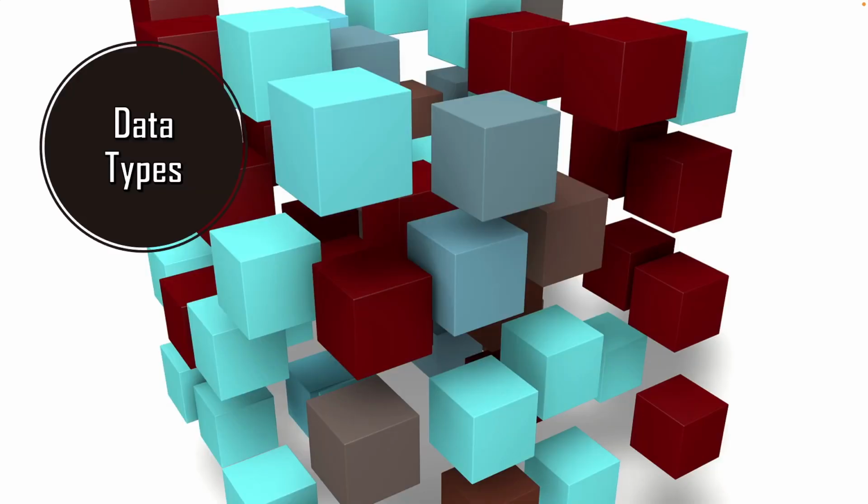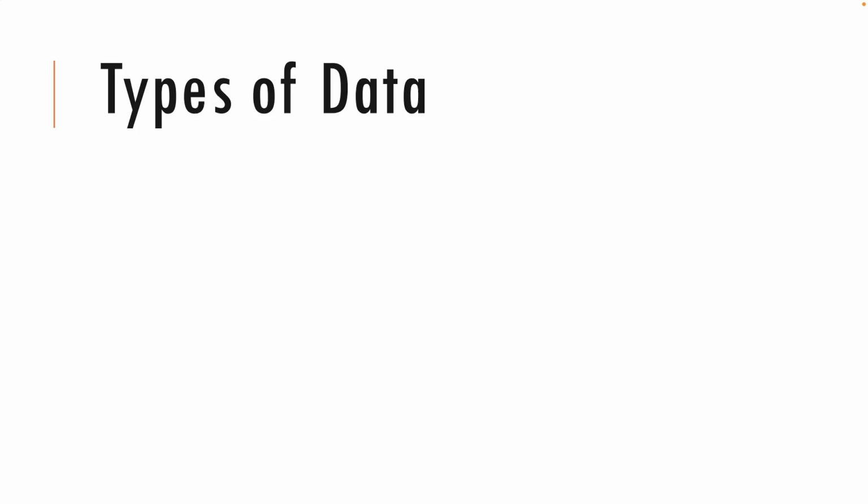Let's look into data types. Data types are the most important thing in any programming language because the whole thing you will be doing with any program is to fiddle with data, right? Take some input, process that, and produce some output. Let's look at different types of data. Data is not uniform in this world.